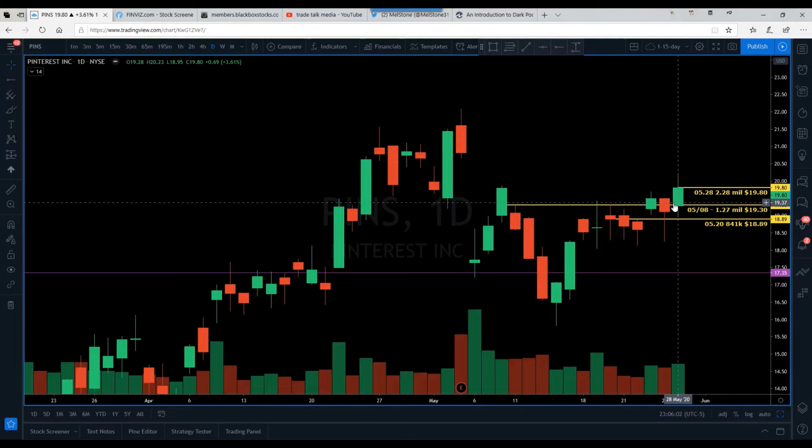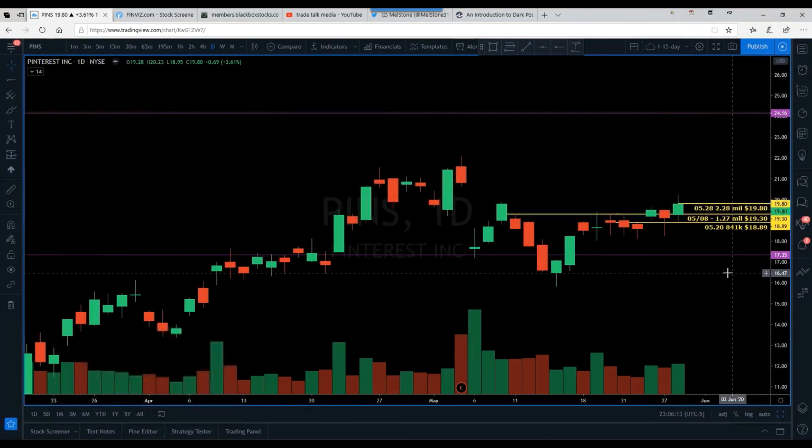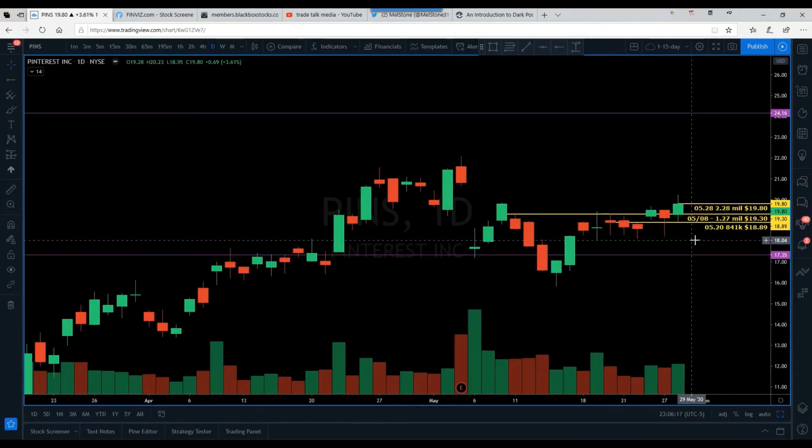Looks like we're able to bounce above that today, but we do have another print, 2.28 million at 19.80. So want to go ahead and set alerts around this, both above and below, so that you can catch the move. We don't know if they're buys or sells, so don't hold a bias. Let price action speak to you.